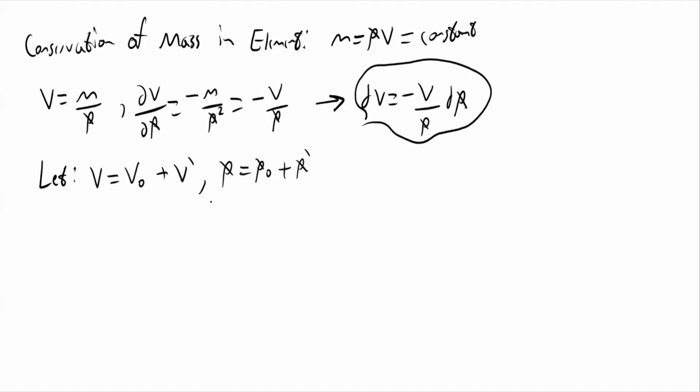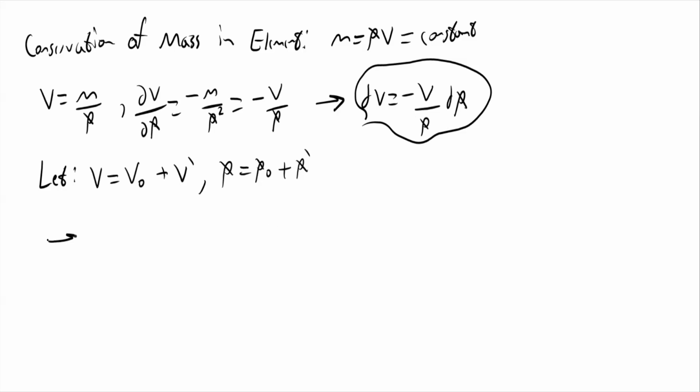To do so, anytime we have a perturbation quantity, so with a prime, if you have two perturbation quantities multiplied together, then we consider that a nonlinear quantity, and so we'll ignore it. In other words, a small quantity times a small quantity is a very, very small quantity, so we assume that to be zero, essentially.